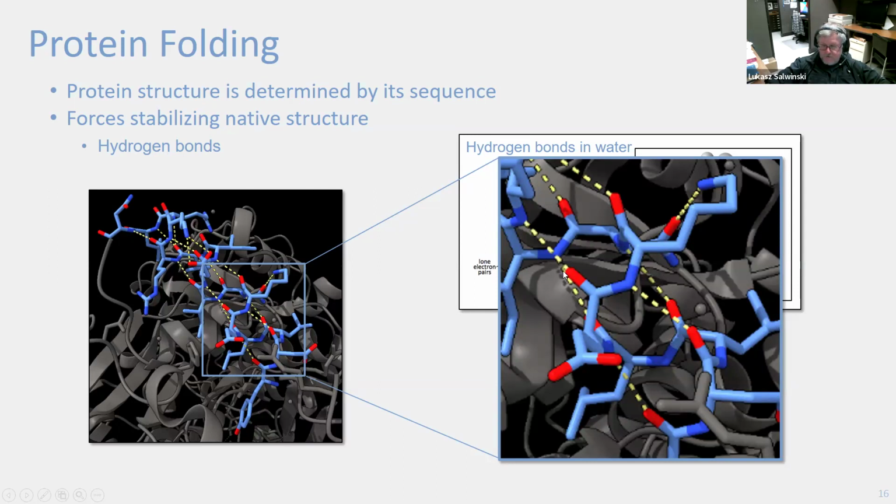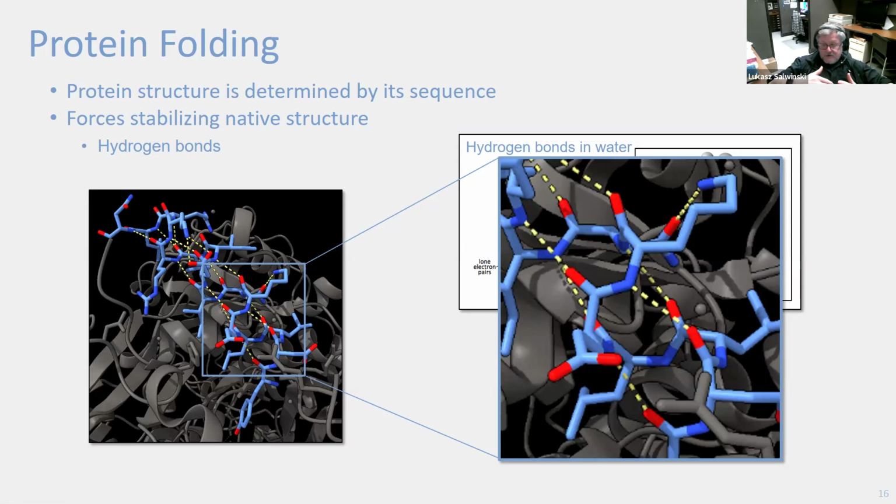Here's another, better visible place where a hydrogen bond is. The hydrogen atom is not drawn here, but you've got to imagine that somewhere here there's a hydrogen atom sitting between the nitrogen and oxygen atoms down here. So those are hydrogen bonds.